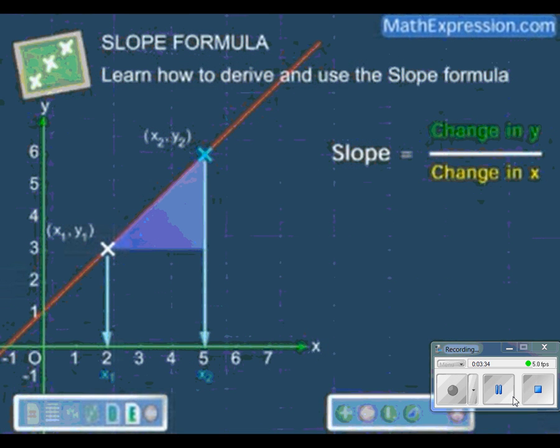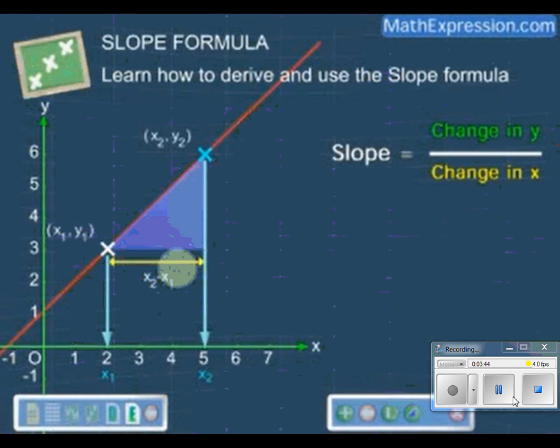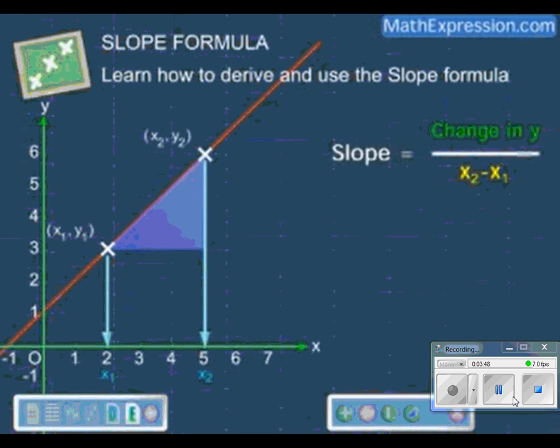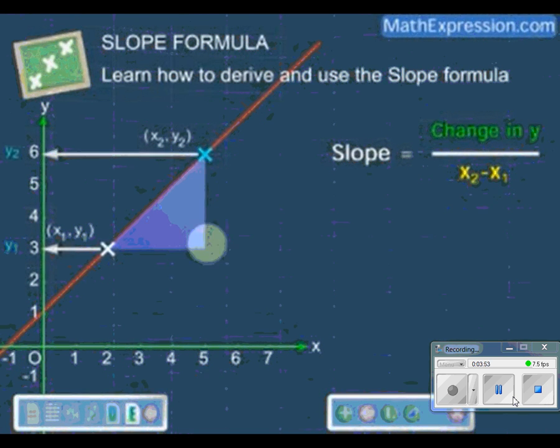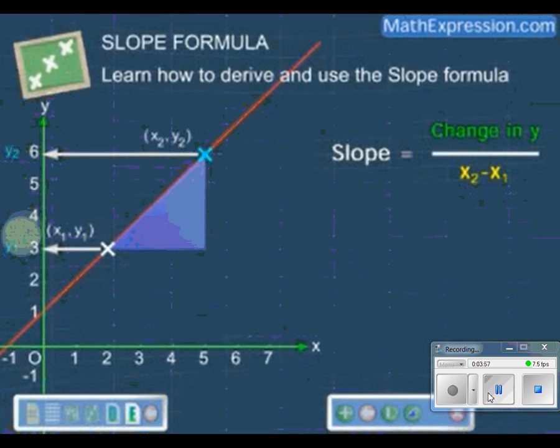Now, imagine that we run from x1 to x2. The change in x would be x2 minus x1. Alright, with this, we can replace change in x with x2 minus x1. Next, refer to the y-coordinates. When we climb up from here, the change in y will be y2 minus y1.